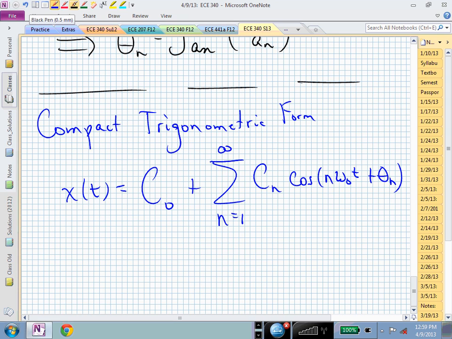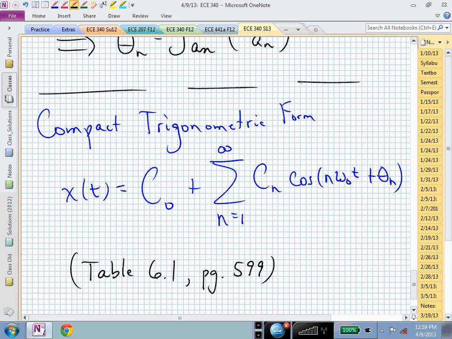Where all of these forms of the Fourier series are in the first table of chapter 6 of your textbook on page 599.